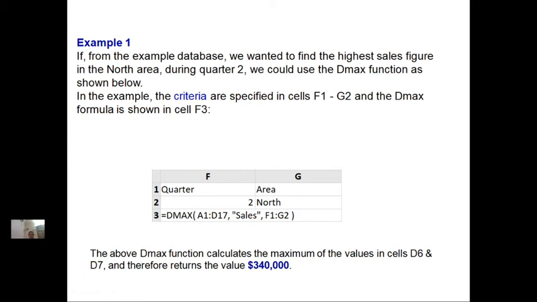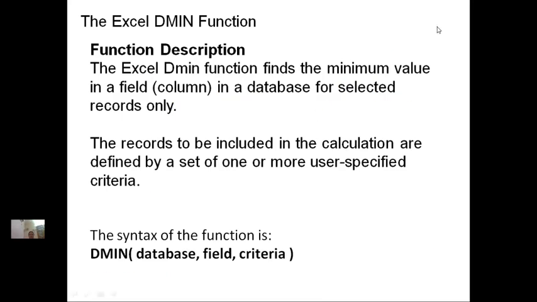Now let us go to the next slide. The next slide is the DMIN function. This Excel DMIN database function finds the minimum value in a field, in a column in a database, for selected records only. The syntax of this function is DMIN, open the bracket, database, field, criteria.